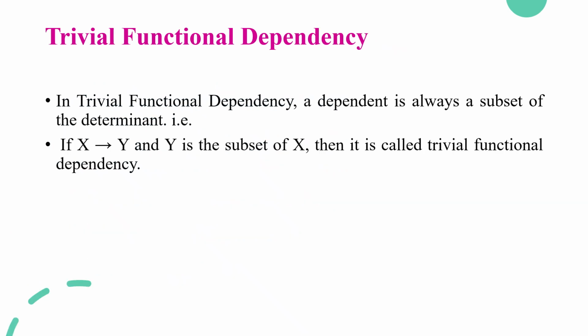The first one we have already seen in the reflexive property, the same thing. In trivial functional dependency, the dependent is always a subset of the determinant. So if A determines B, B is always a subset of A. So that is the trivial dependency.